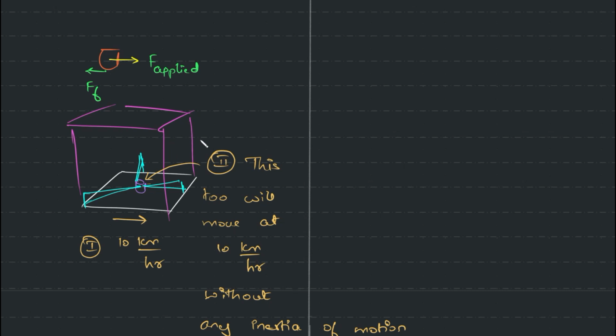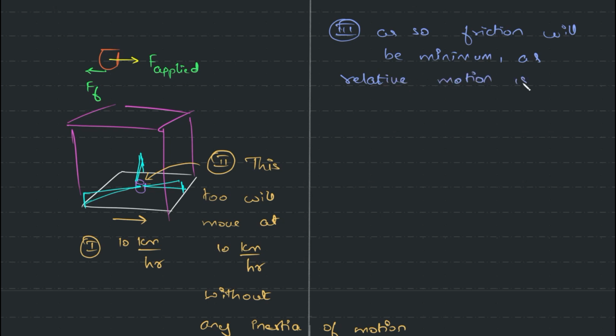And so, third point is, let me write it over here. And so, friction will be minimum, as relative motion is zero, almost zero.